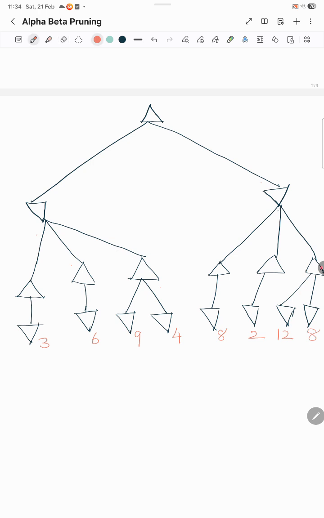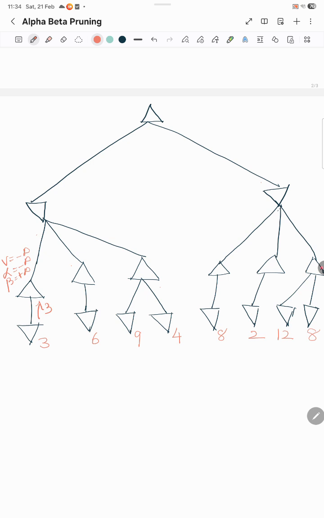Now from the terminal node, 3 is propagated, and this is a max node. Initially v is minus infinity, alpha is minus infinity, beta is plus infinity. So 3 is propagated, and you have to see whether this propagated value is greater than the current v value.